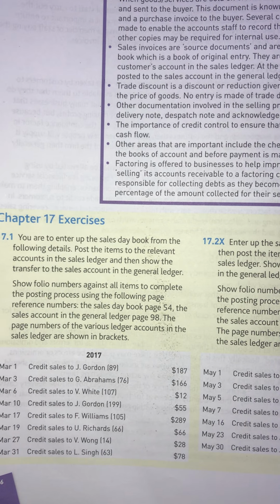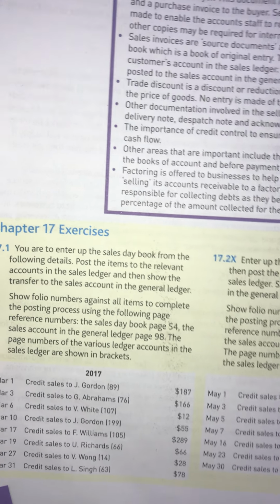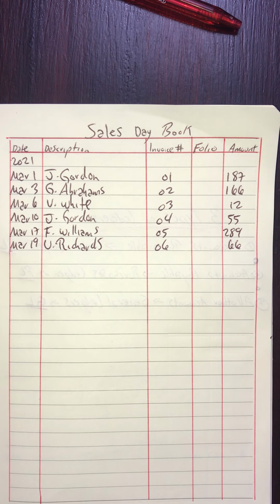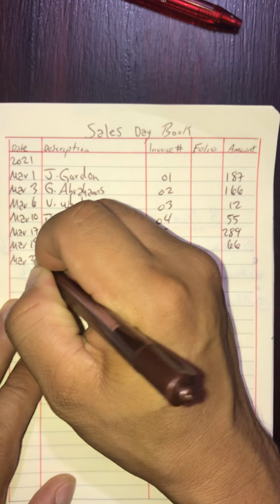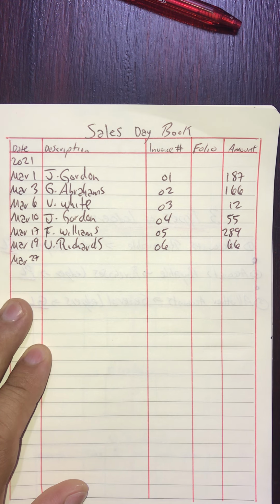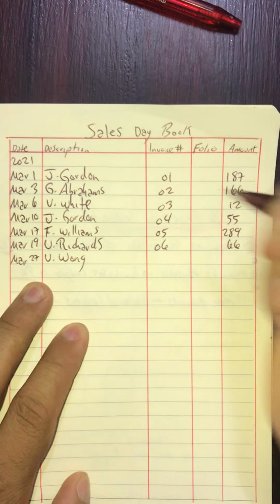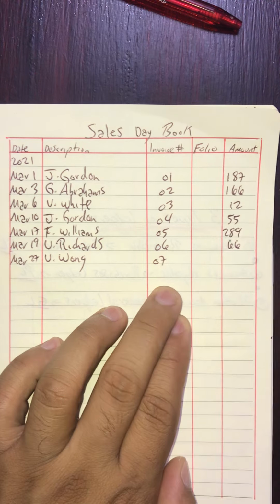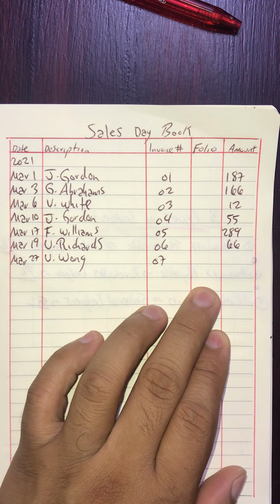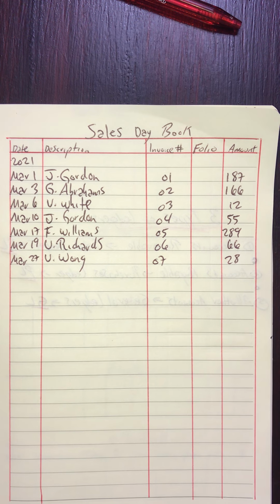March 27th, credit sales to V. Wong, $28. March 27th, V. Wong is the person to whom we sold, 07 invoice number, and the amount is $28.